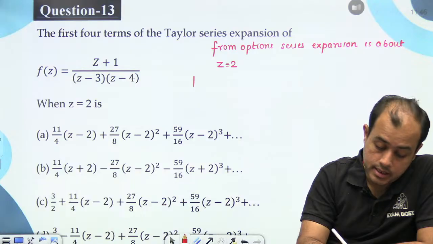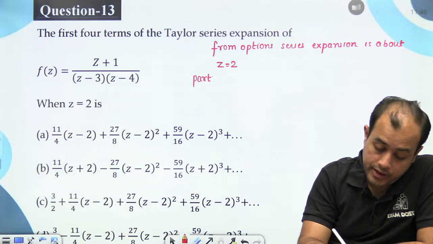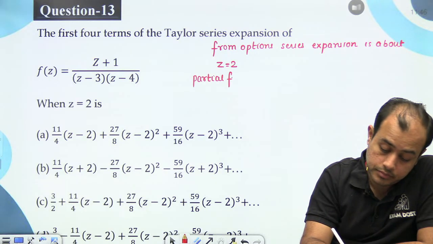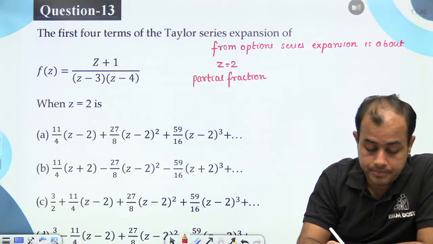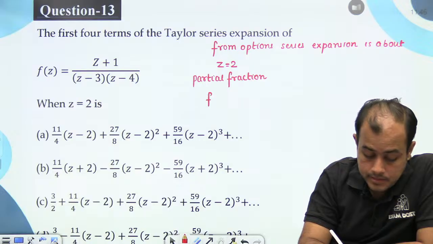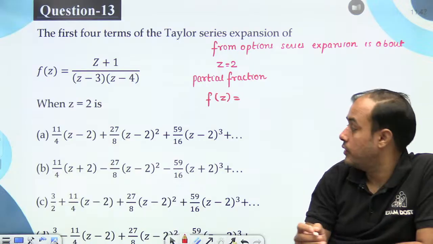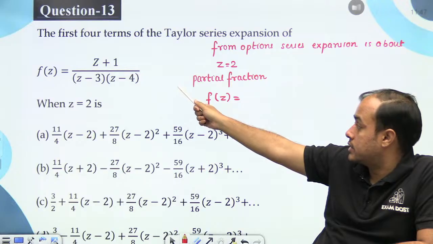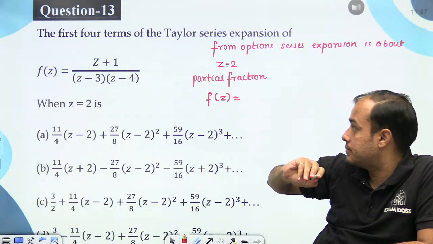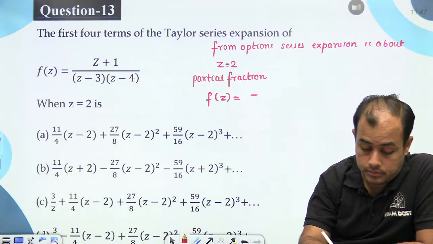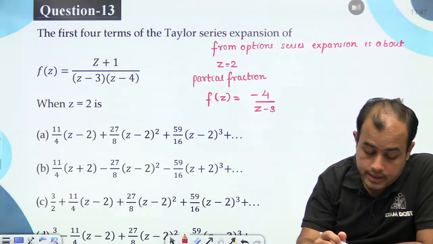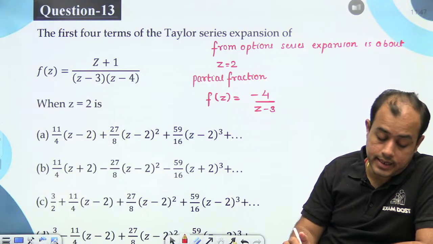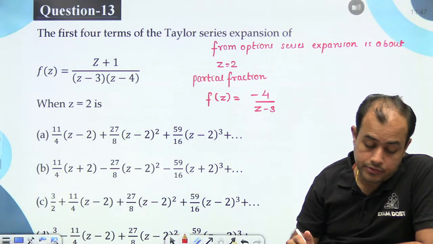देखो इसमें क्या कर सकते हो, यू कैन डू पार्शियल फ्रैक्शन। ओके, so when you put z equal to 3, this will be 4 upon minus 1. Then when you put z equal to 4, 5 by 1.